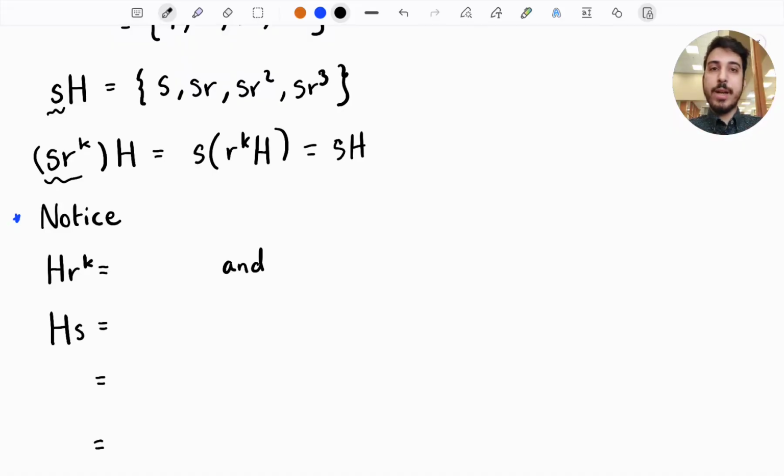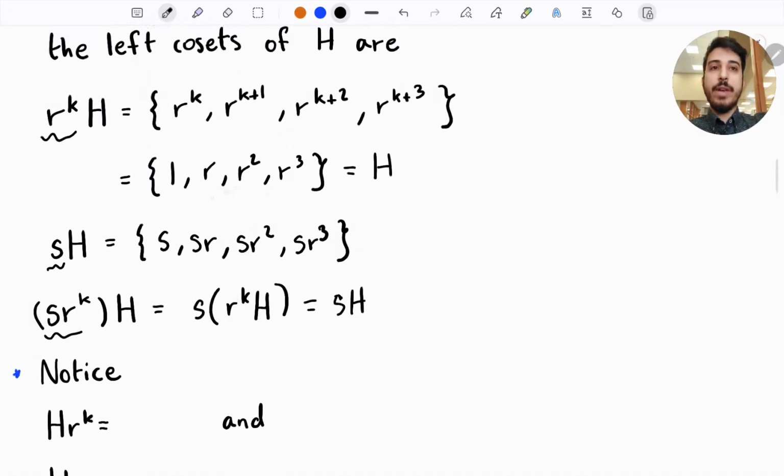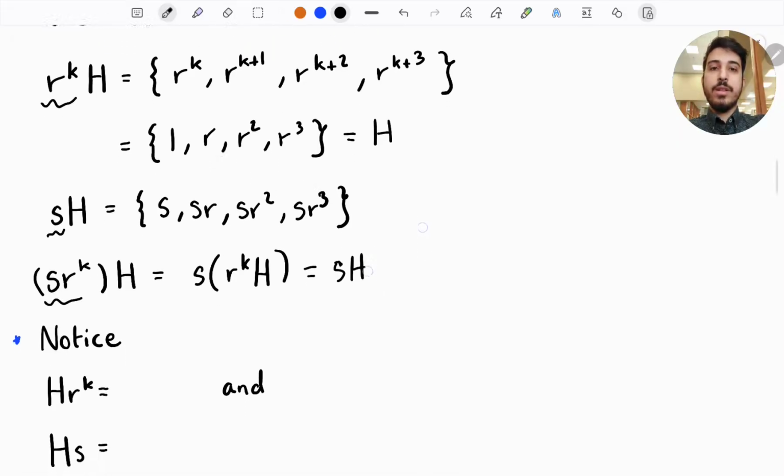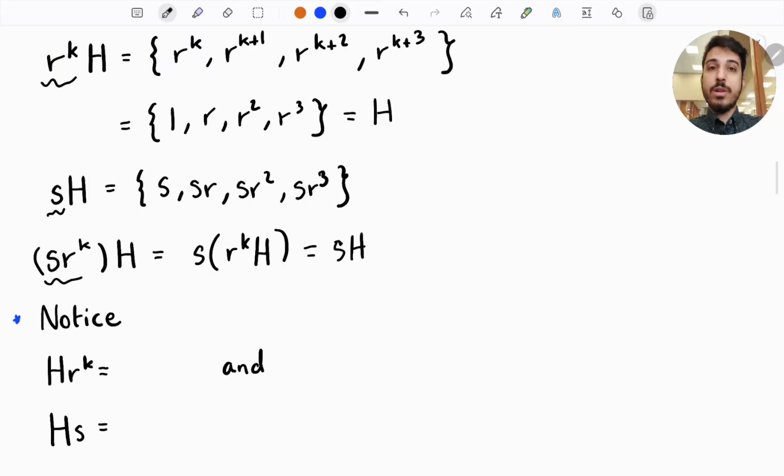So we will do the same kind of thing, but instead of doing mindless computation, just notice that if you multiply R to the K by the elements of H, you will obtain the same result because of the exponent laws.